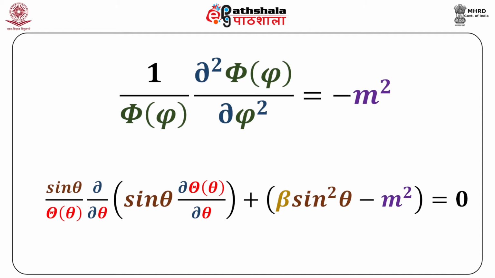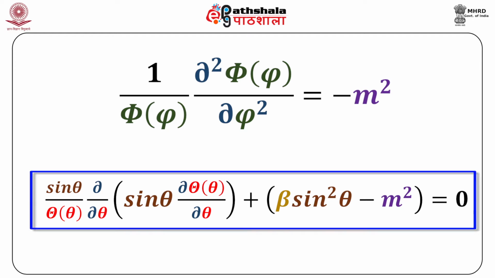And the other equation is the theta equation, which is sin θ upon Θ(θ), d by dθ, sin θ dΘ(θ) upon dθ plus β sin²θ minus m² is equal to 0.